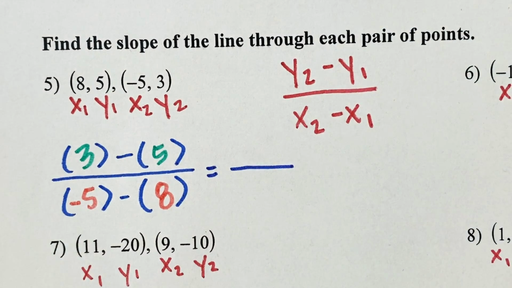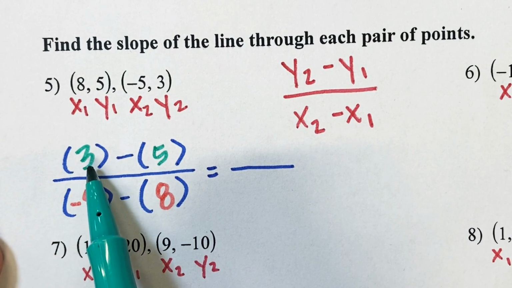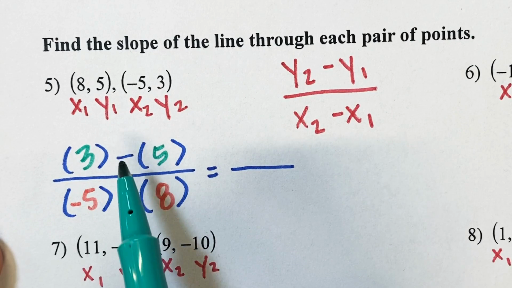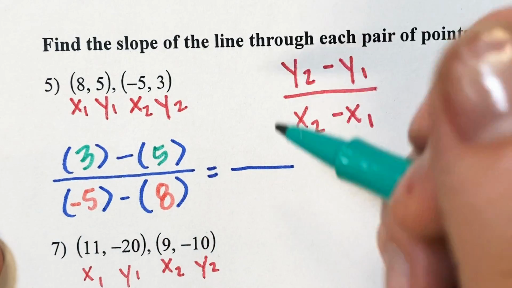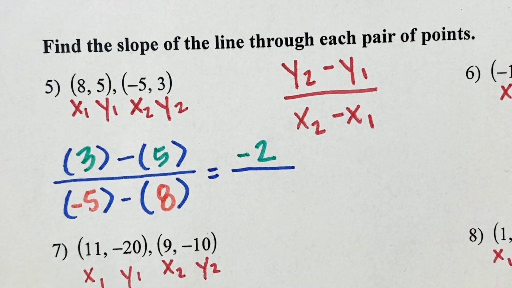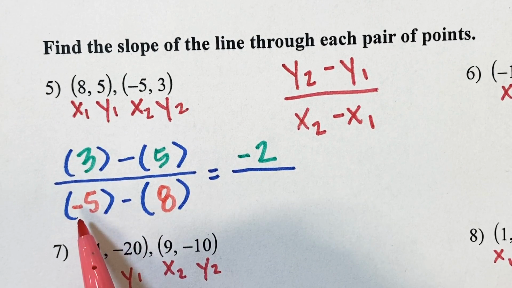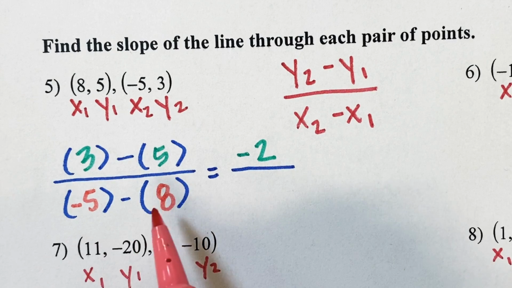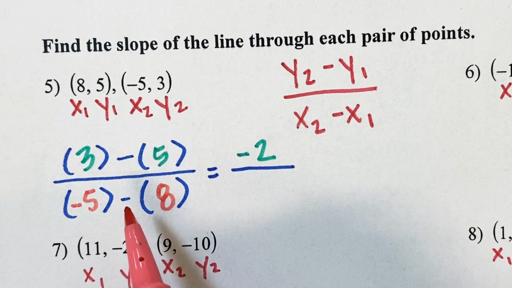Same thing, it's going to have that line in the middle. Let's solve for the top one. What is 3 minus 5? I have 3, I take away 5, how many do I get? Negative 2. Let's look at the bottom. Negative 5 minus 8. I'm getting more negative here.